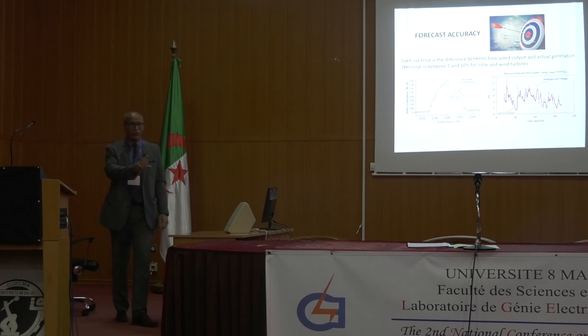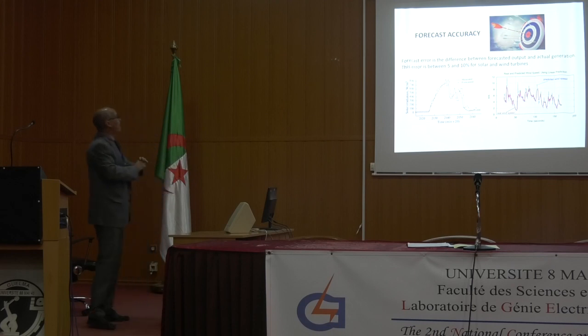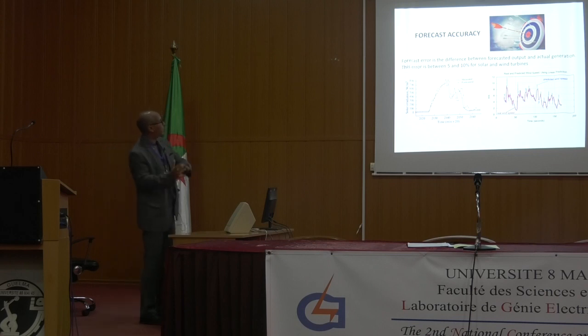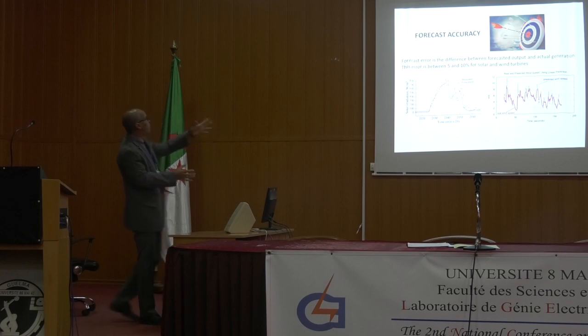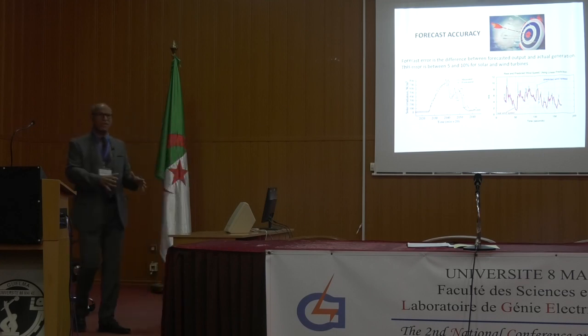I will be very short. Okay, forecasting here should be very accurate. The forecasting error is the difference between the forecasted output and the actual generation. This error is between 5 and 10%.